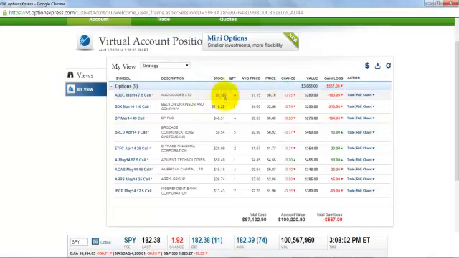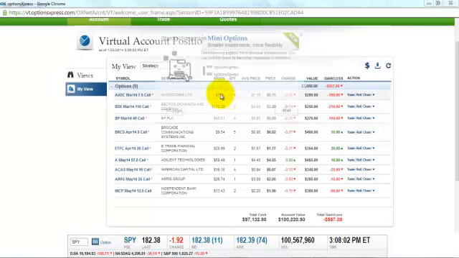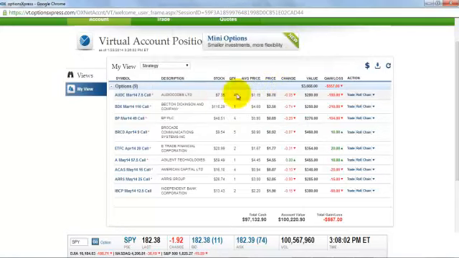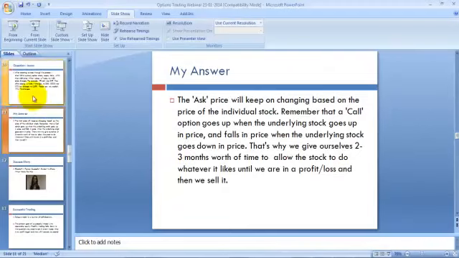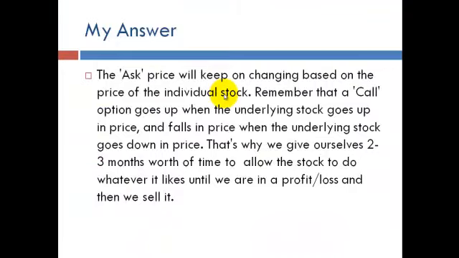When the stock rises, let's say it goes up to $8, the change will also go up, so your ask price will also follow suit, and your bid price will also follow suit. So whatever the stock does is what the bid and the ask will also do. If it goes up, the bid will go up, the ask will go up. If it comes down, the bid will come down, the ask will come down.